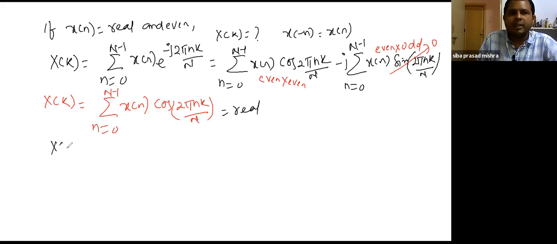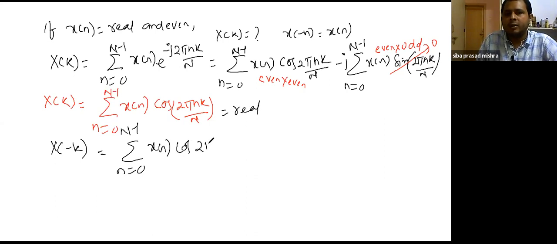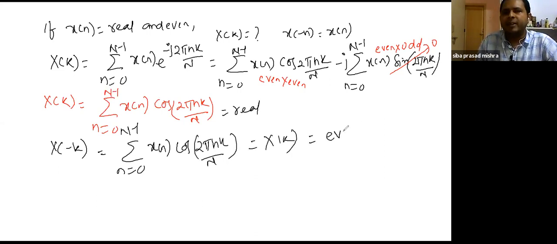And if you replace k by minus k, cos of minus theta equals cos theta, we get the same function. So x of minus k equals x of k, so we can say it is even also.